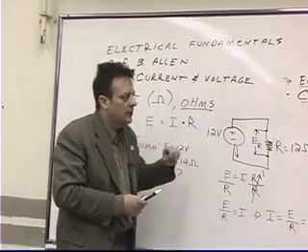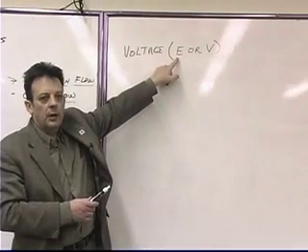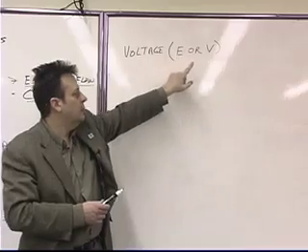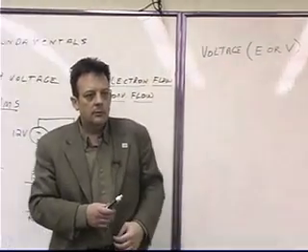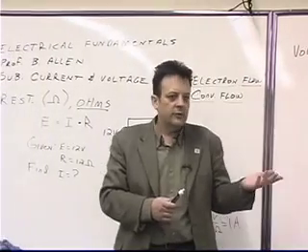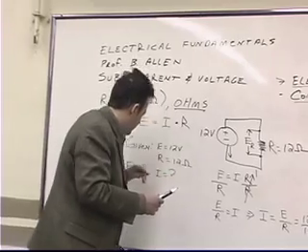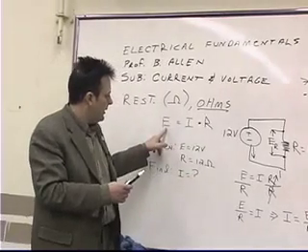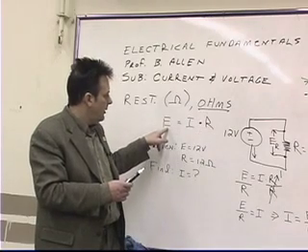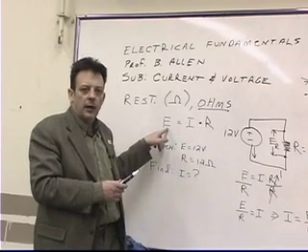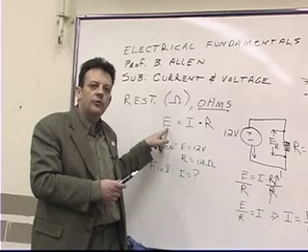Like in our book, they'll use E in the formula, and then they'll use V as the unit. And to our author, that makes better sense, because if you look back at this formula, E equals IR, E is the letter in the formula, but it has a unit of volts, or V.